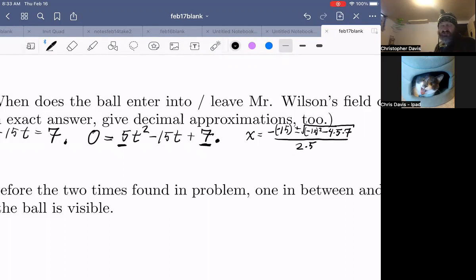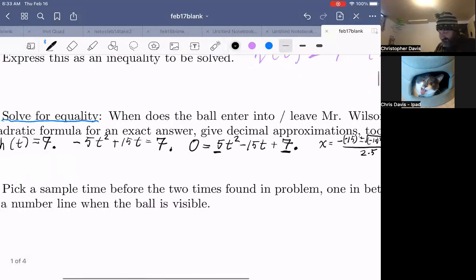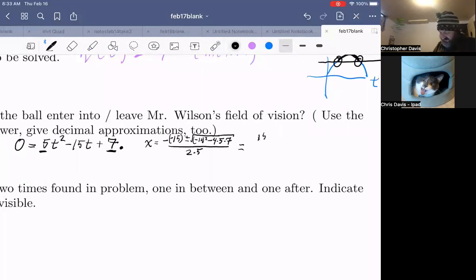All right, so there's a thing. Let's see what this becomes. So that is 15, fine, plus or minus the square root of 15 squared.